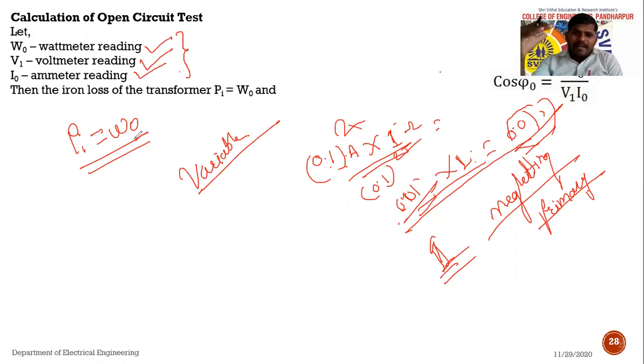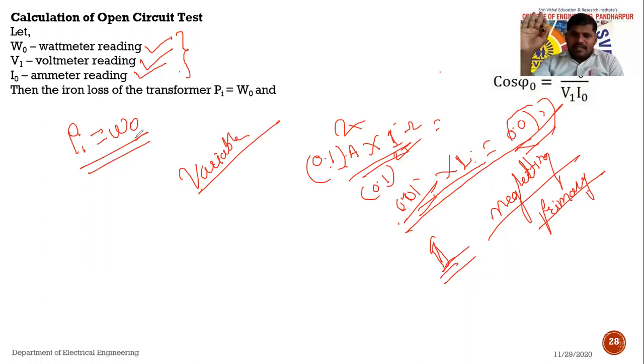Whatever power the wattmeter shows, that power is used to overcome the no load losses. So no load losses in the sense the iron or core losses. That's why I am writing Pi equals W0. Whatever power comes is the loss.